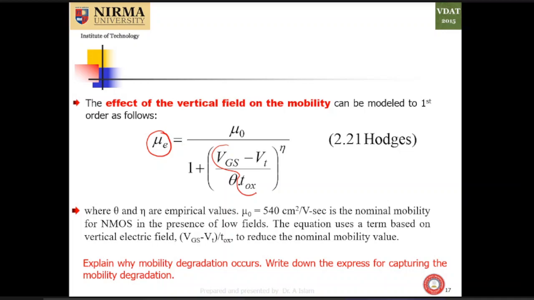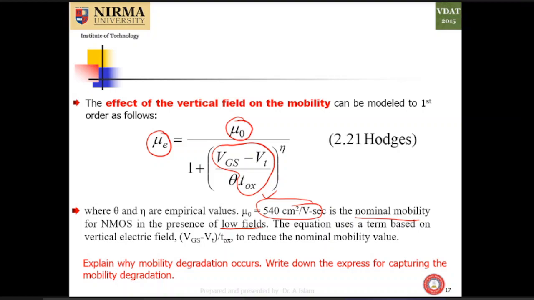That is the vertical field. So this may be your nominal mobility of a MOSFET in the presence of low field, when the field is not so high. Its value may be around 540 centimeters square per volt second.